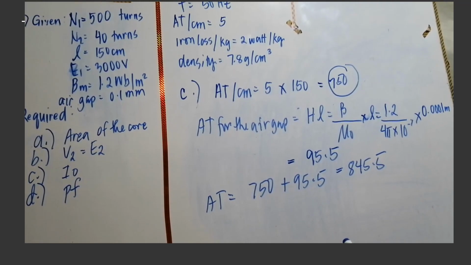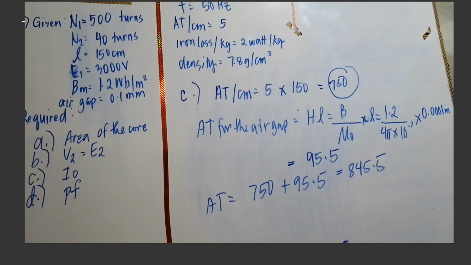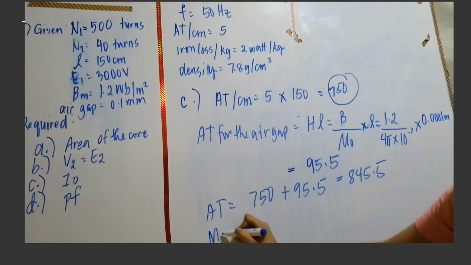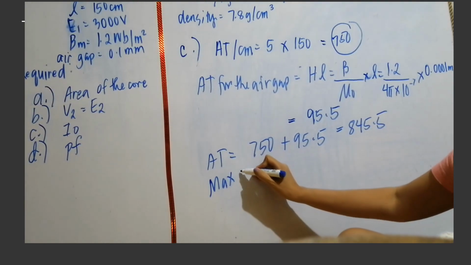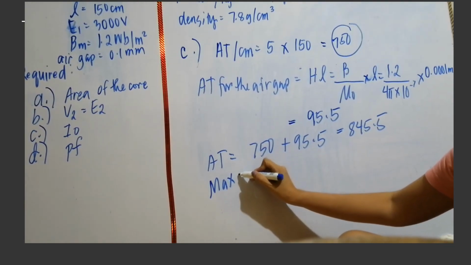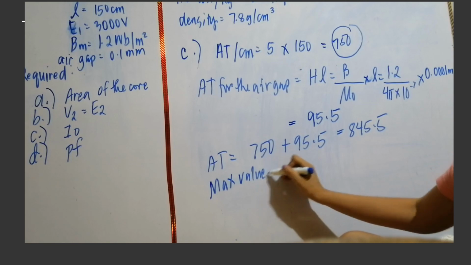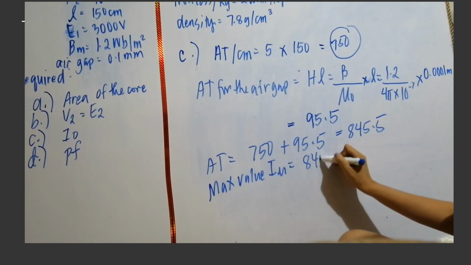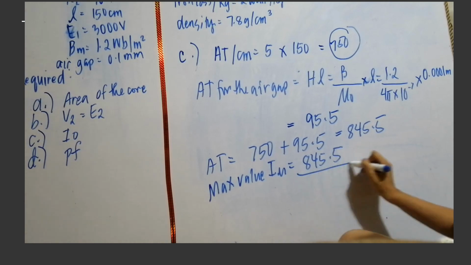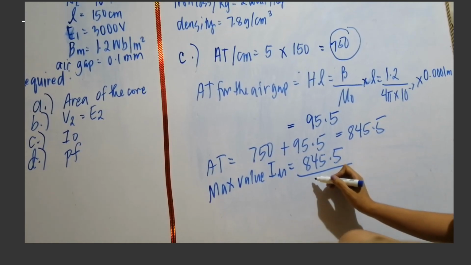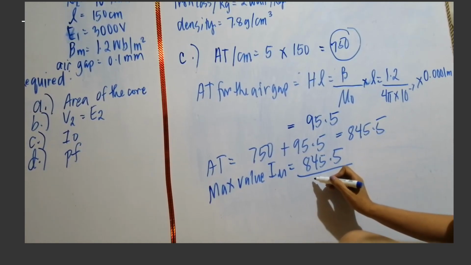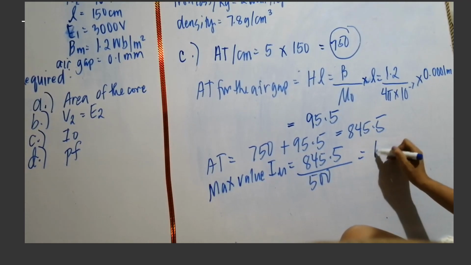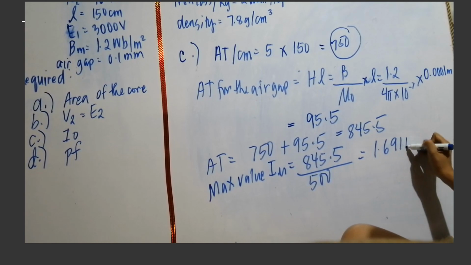So to get the maximum value of magnetizing current drawn by the primary, we have the maximum value of magnetizing current: 845.5 divided by the total number of turns in the primary, which is 500, and this is equal to 1.691 ampere.